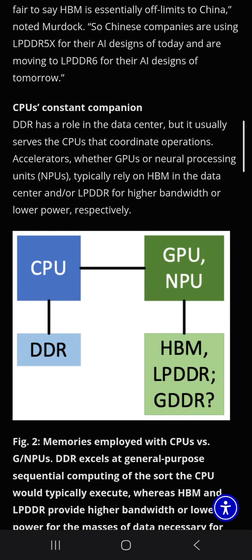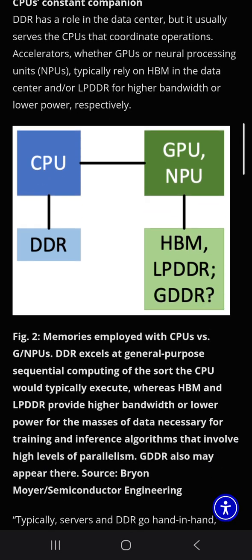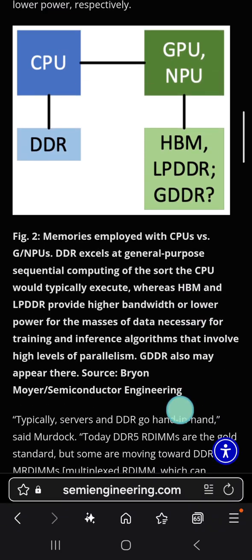DDR is the CPU's constant companion. DDR has a role in the data center, but it usually serves the CPUs, the coordinating operations. Accelerators, whether GPUs or neural processing units (NPUs), typically rely on HBM in the data center and/or LPDDR for higher bandwidth or low power, respectively. Figure 2.